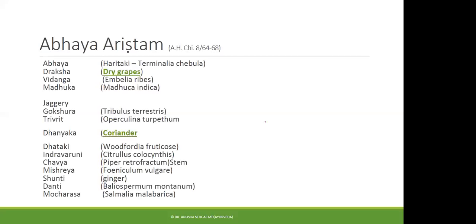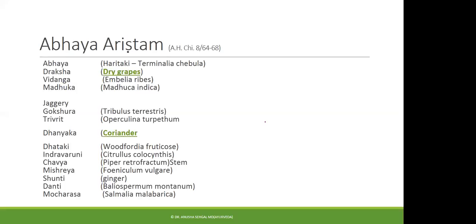And that also does the same action of causing the stools to move downwards, or to cause the apana vata to move downwards. Now, this is not as strong as the Avipatikara Churna. So Abhayarishta, though being an alcoholic preparation, is probably an okay or safer choice for a Pittaja or a Raktaja Arśas. Okay?